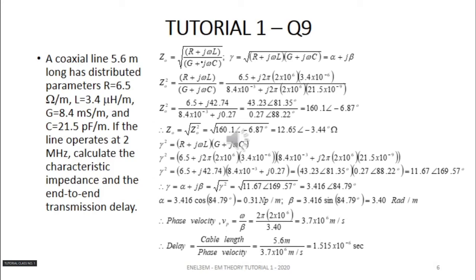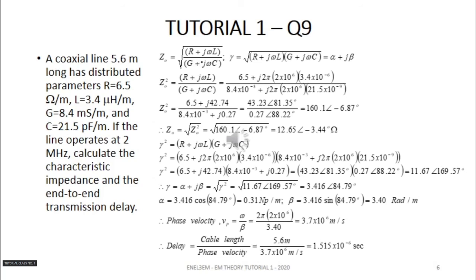But also we want to get an indication of the attenuation over the line. So we have gamma squared. When we insert the values of R, L, G, and C, and omega, we find that our gamma squared is 11.67, and the angle is 169.57 degrees.